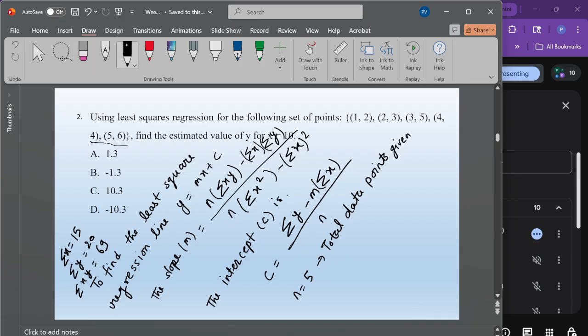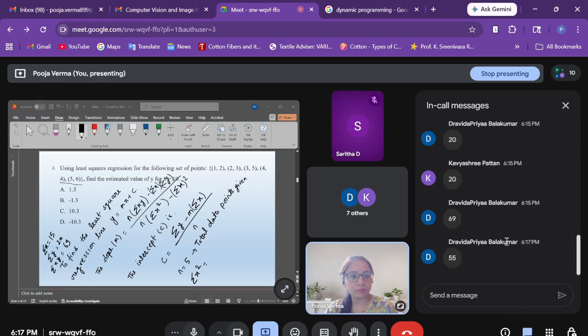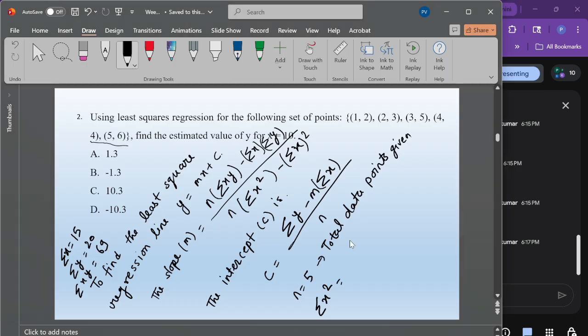So now the next value we need to calculate is summation of x square, right? It's 55, correct. So x square: 1 square plus 2 square plus 3 square plus 4 square plus 5 square.